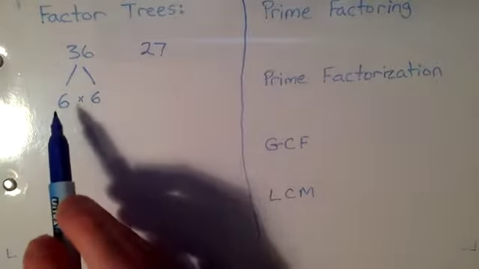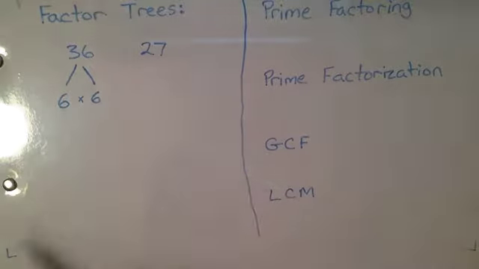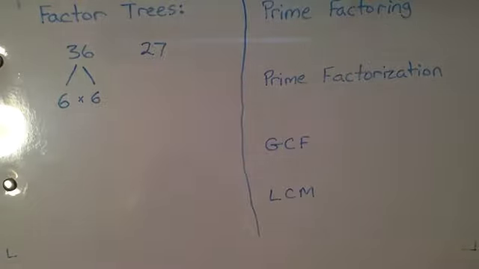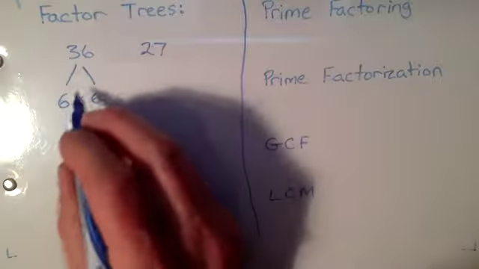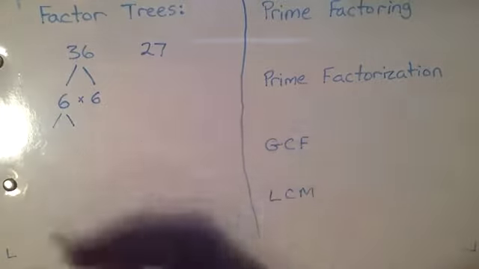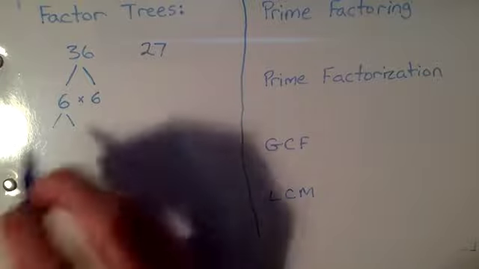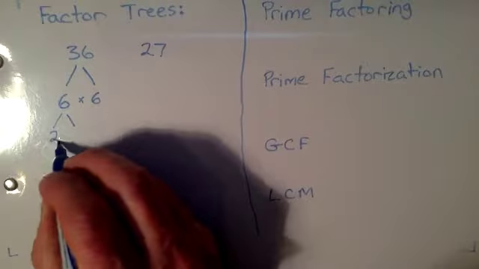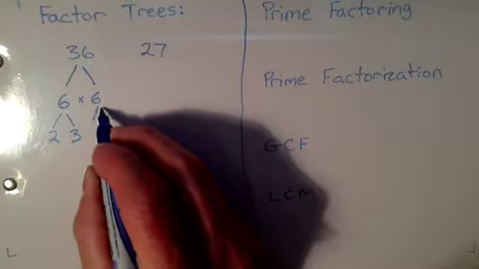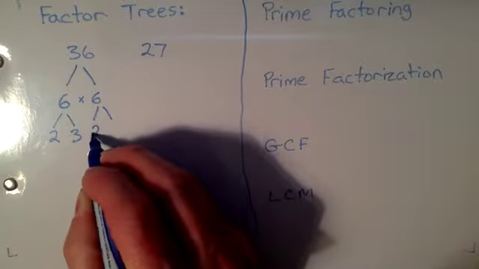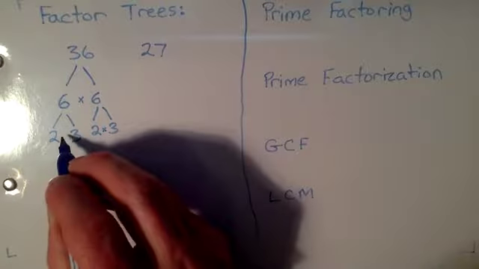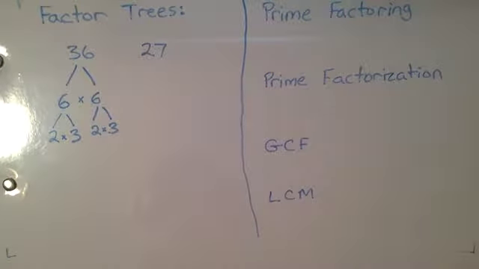Now, as you'll notice, neither of these are prime factors. They're both composite numbers. So for 6, that can be broken down into two more numbers that multiply together. Those numbers being 2 and 3. This 6 also breaks down into 2 and 3 because 2 times 3 is going to give you 6.